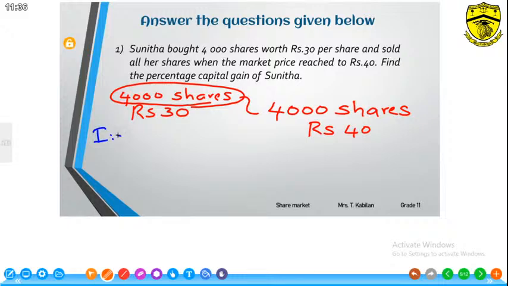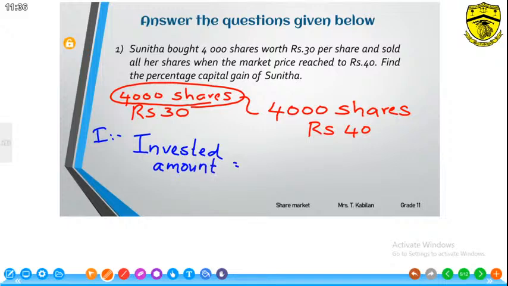Method 1. First of all, we have to find the invested amount and then the selling amount, then the difference between the two amounts gives the capital gain. After that, convert into percentage. How do we find the invested amount?